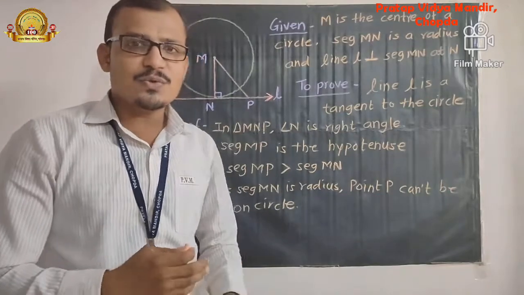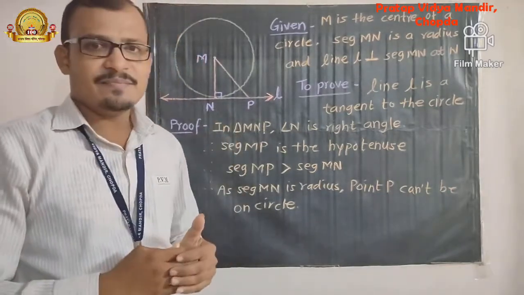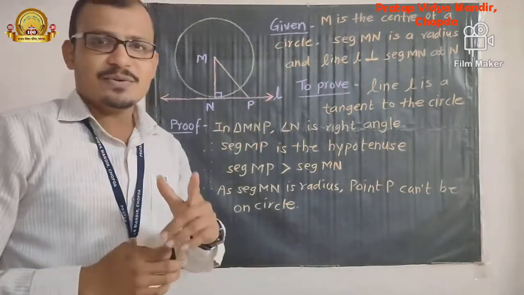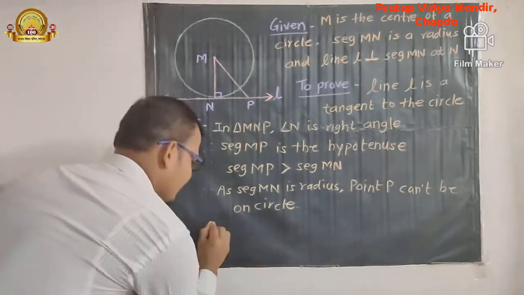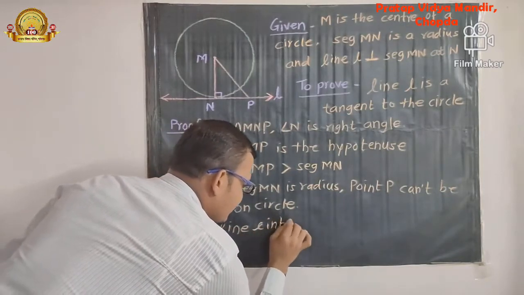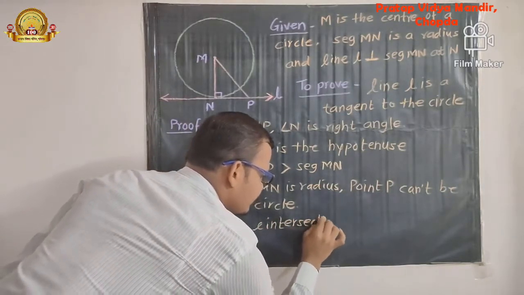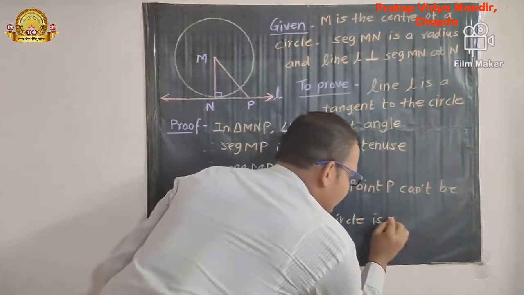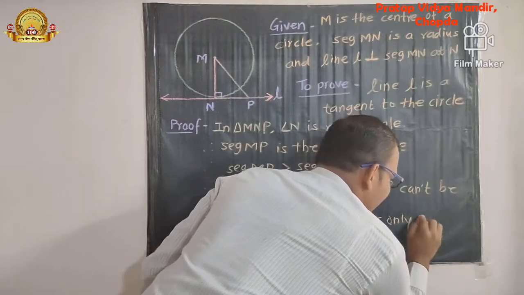And this is also true for all points except N. It means that line L intersects the circle in only one point, N. Therefore, line L intersects circle in only point N.